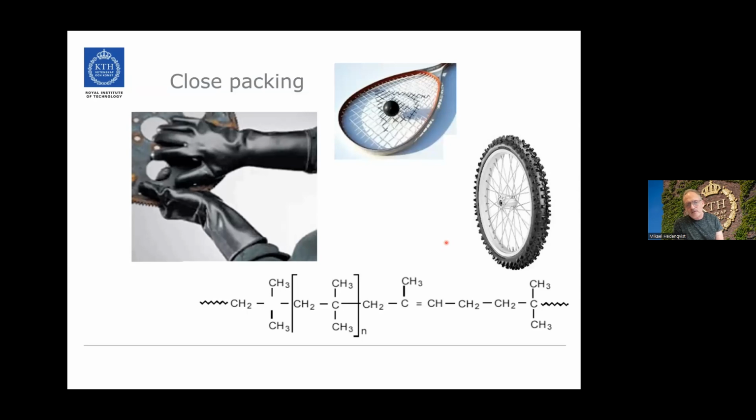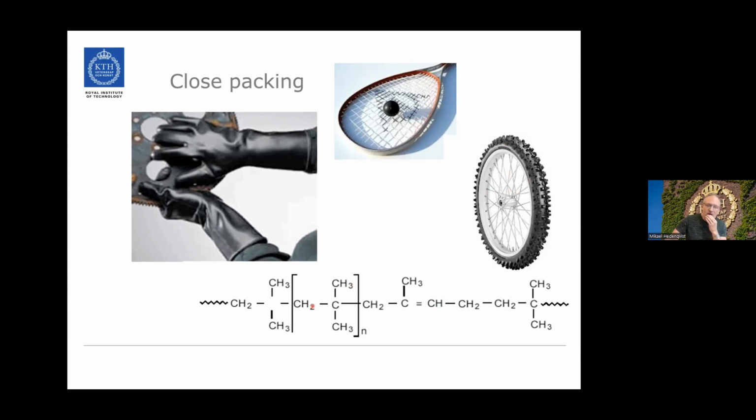Butyl rubber is essentially the only rubber that has barrier properties, and we should be happy about that, because that's the inner lining in bikes and cars and the tires. If we had natural rubber instead, we would probably need to fill it up with air maybe every second day or every third day, but we don't need to, and that's thanks to this molecule.